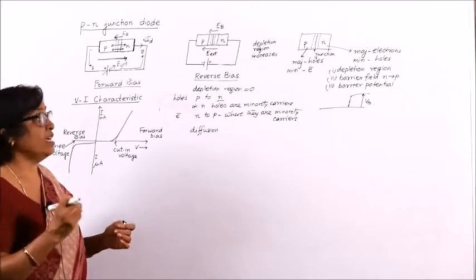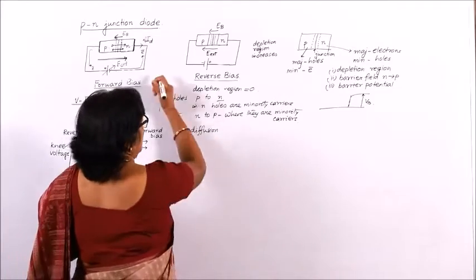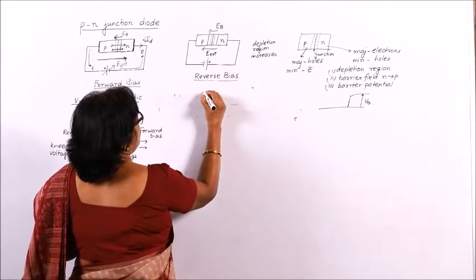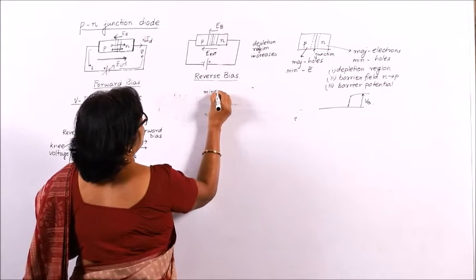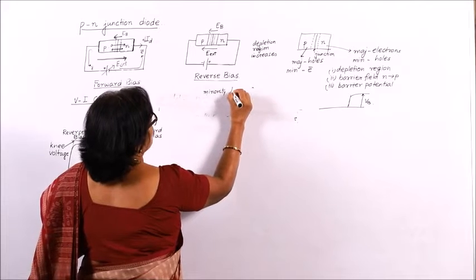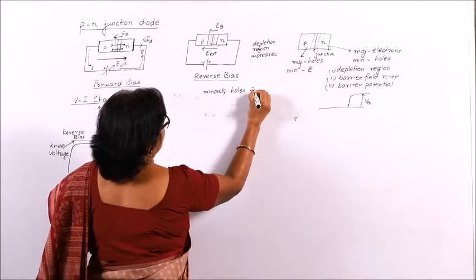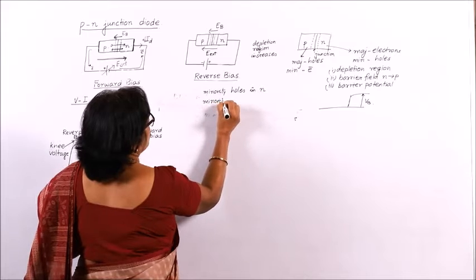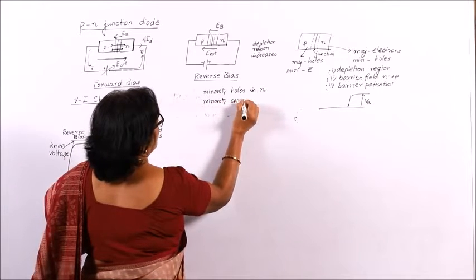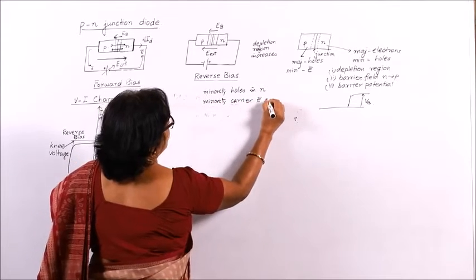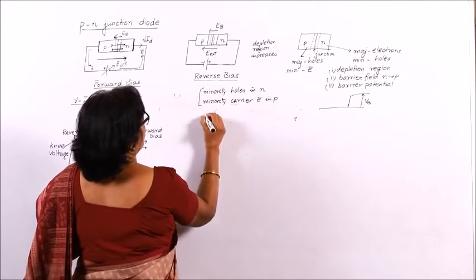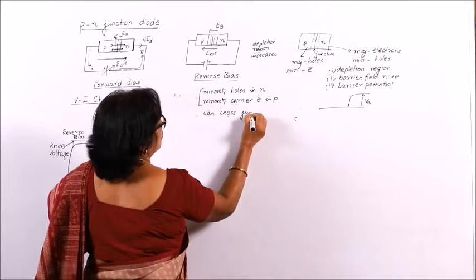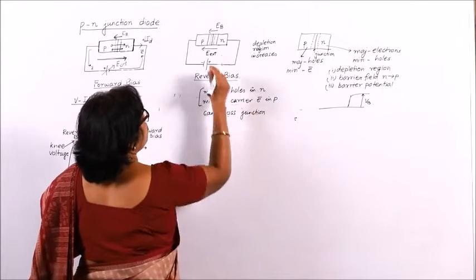The only current that will flow in the case of reverse bias is due to some minority carriers, minority holes in N and minority electrons in P. They can cross the junction because the field is now more.